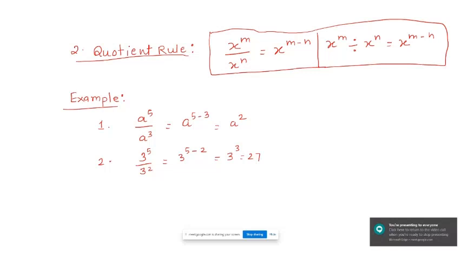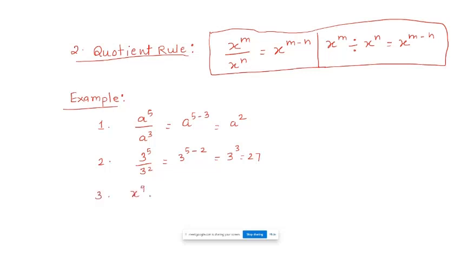If I have x to the power of 9 divided by x to the power of 3, what will happen? X to the power of 9 minus 3, x to the power of 6.